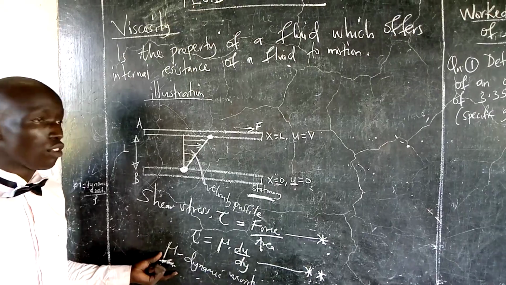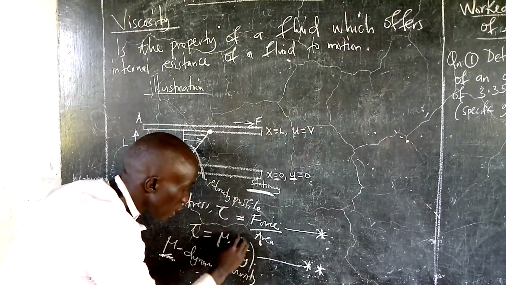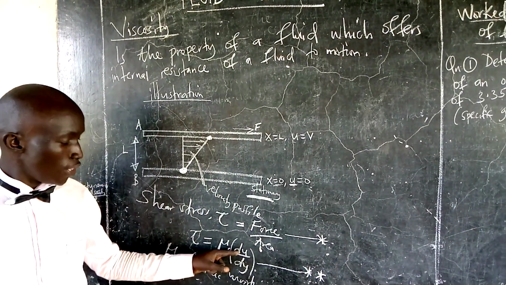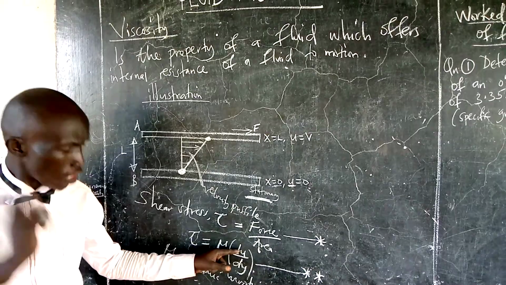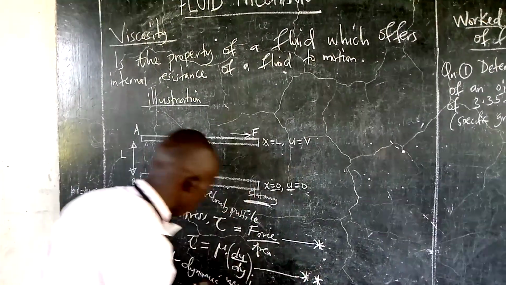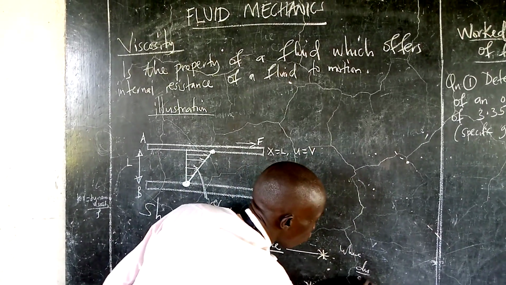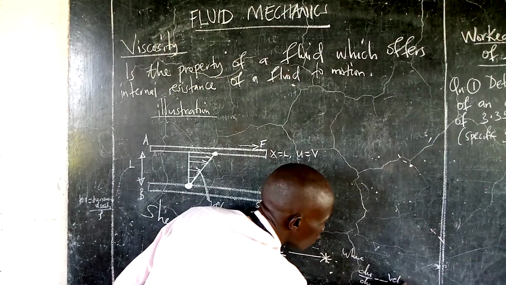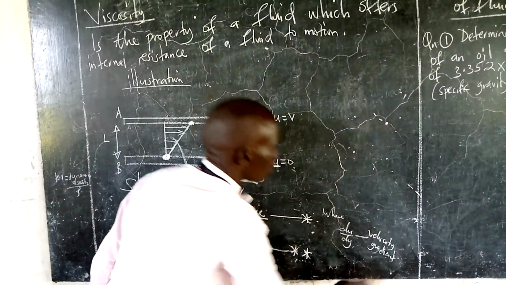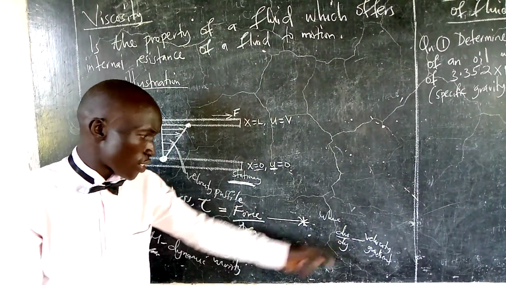The value can be given, or I can ask you to calculate it, but it's a constant. Then du dy is what we call the rate of shear strain, or you can call it the velocity gradient.